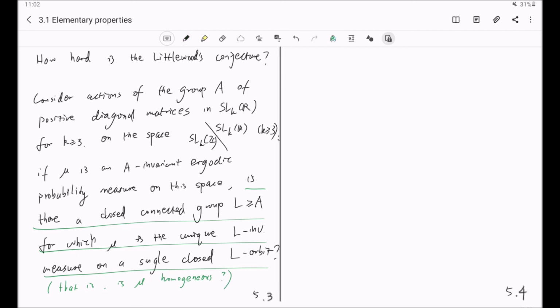So, the proof of the Littlewood conjecture boils down to the classification of those homogeneous measures.